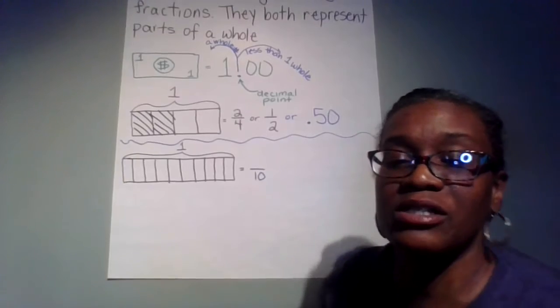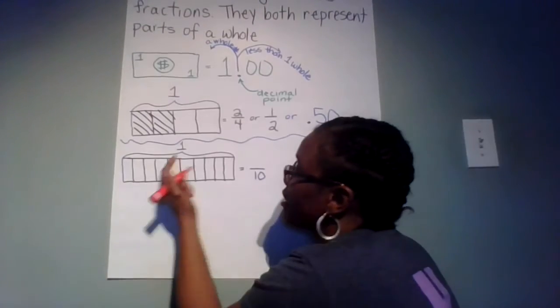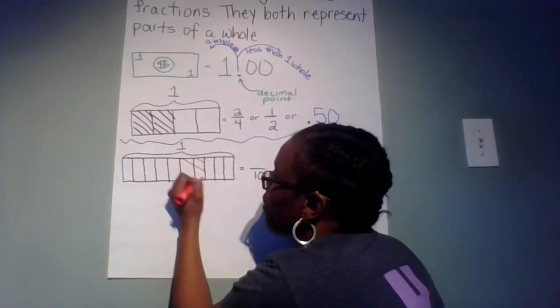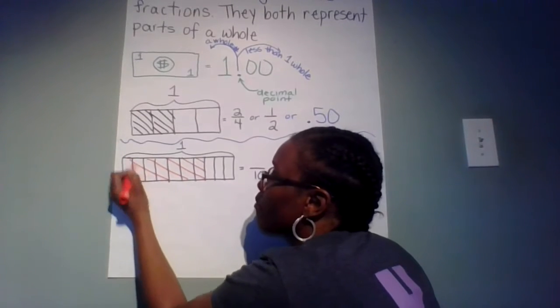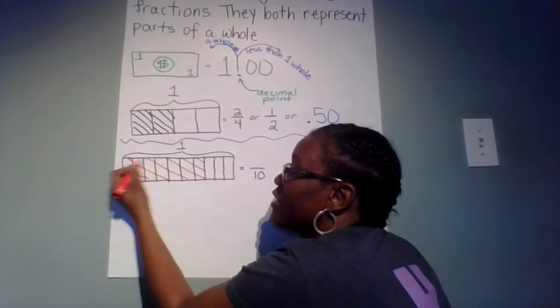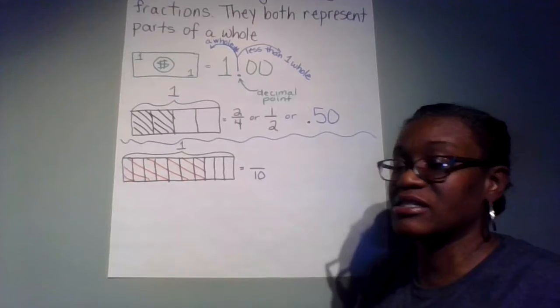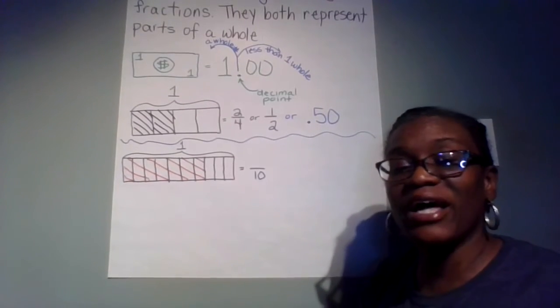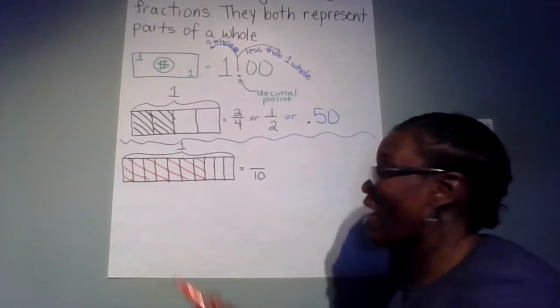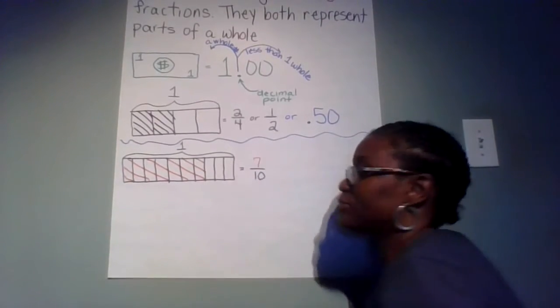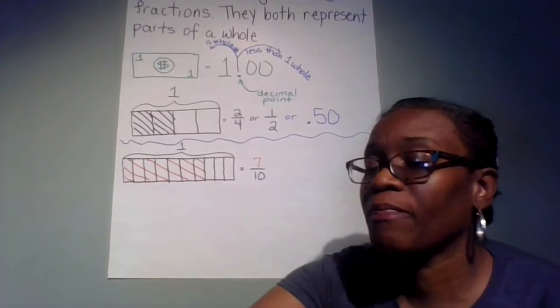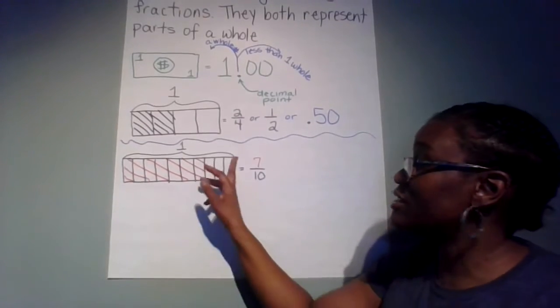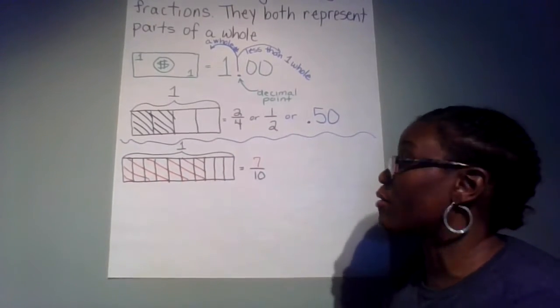And if I was to shade, let's say, 7 of those pieces, the number 7 would become my what? Numerator. That's right, scholars. You guys are so smart. Now, I can take this same tape diagram.